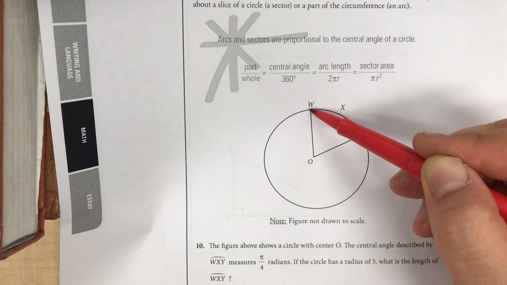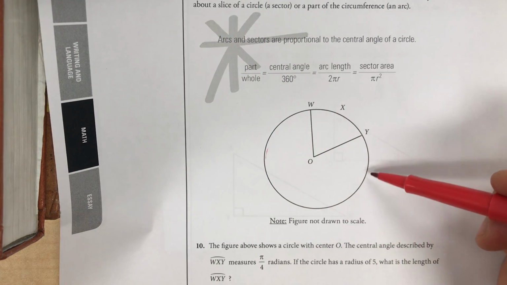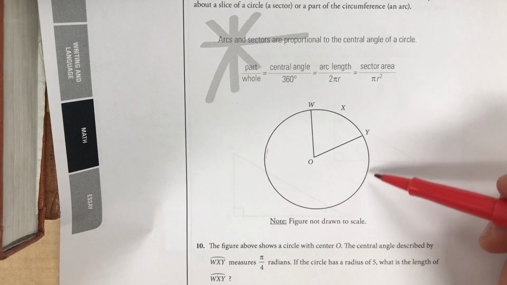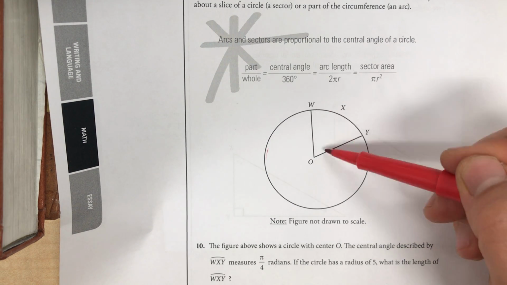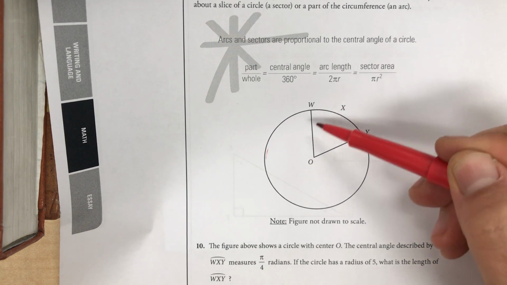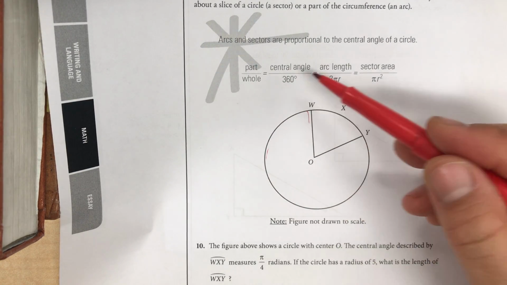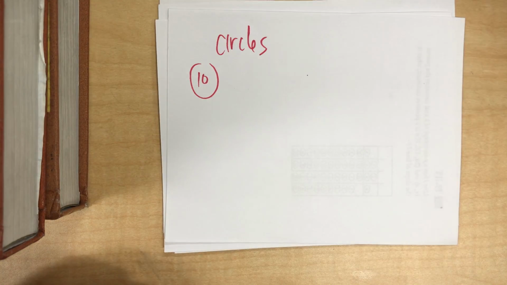The arc length, this little thing, we know that the entire circumference is 2 pi r. And another way to look at it is this area right here is one part of this entire area. So these are all the variations that you may see on the SAT.